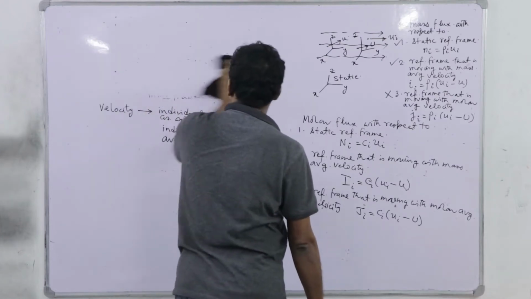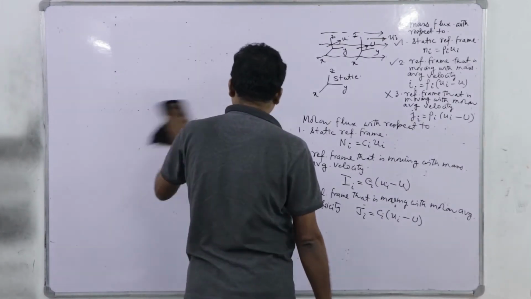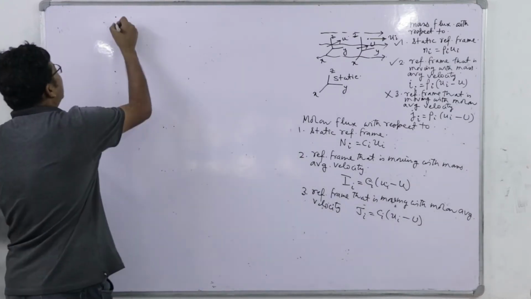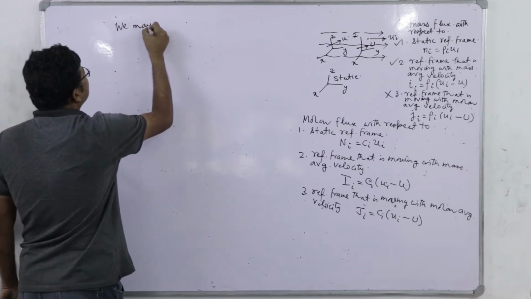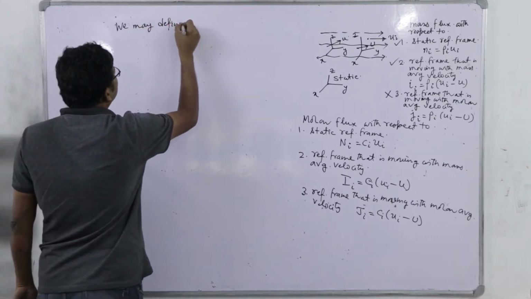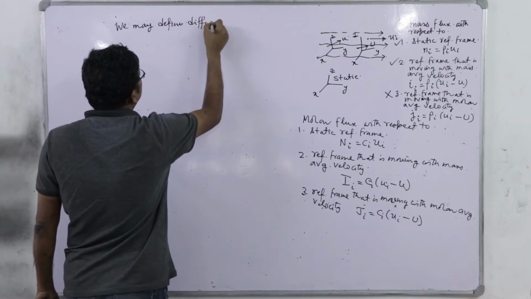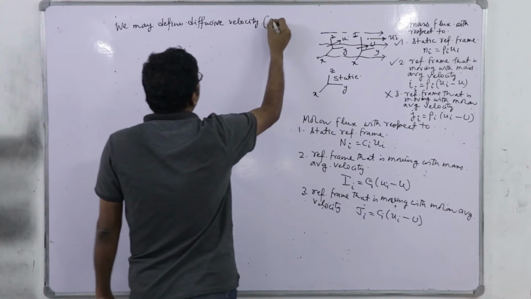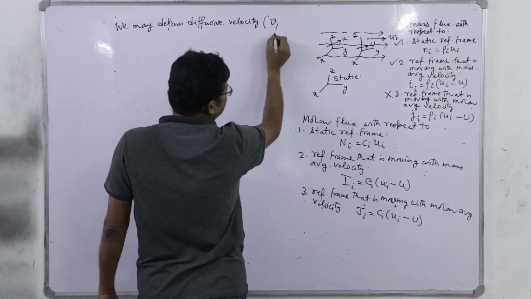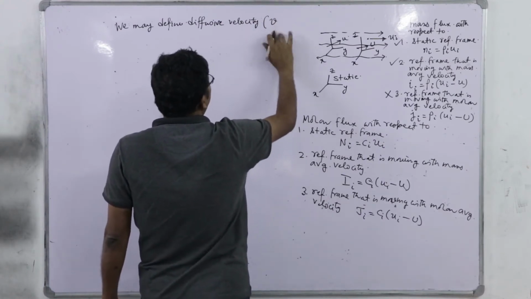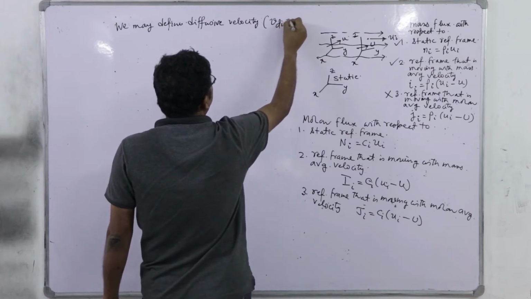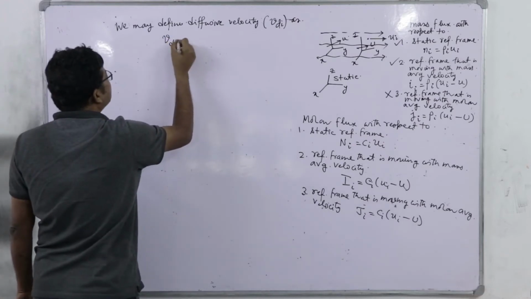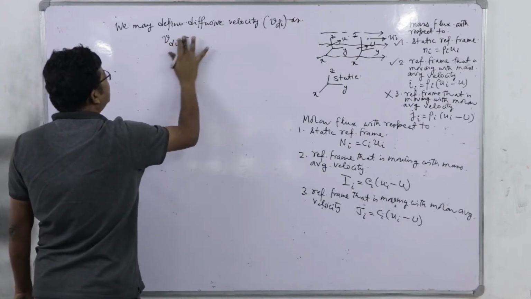So, the diffusion velocity we may define as Vdi. How is it defined?